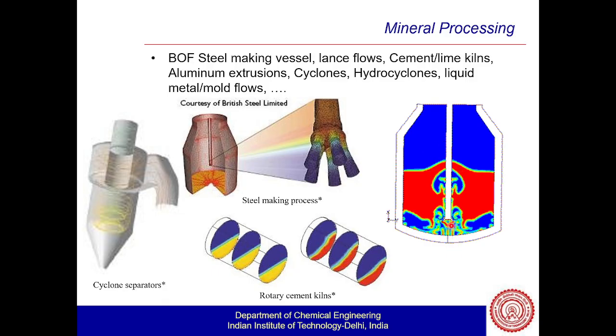This basic oxygen furnace is used for that purpose. Rotary cement kilns are there, where the cement is getting mixed. These are also the cyclone separator. You can see how the particles are getting separated in a cyclone separator, which can be done by using CFD. So it's a huge application in mineral processing also.